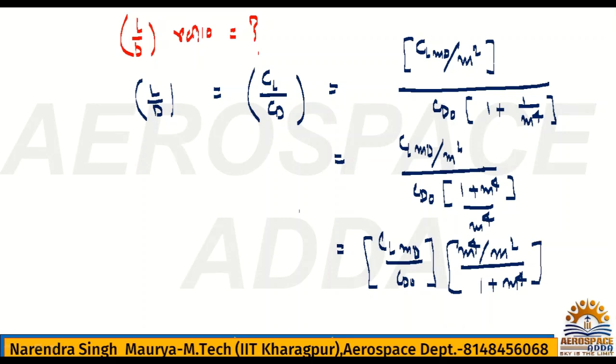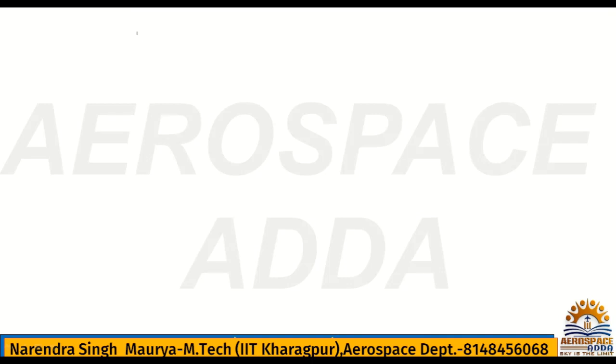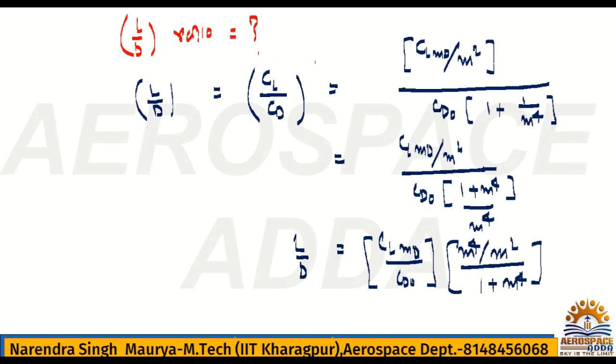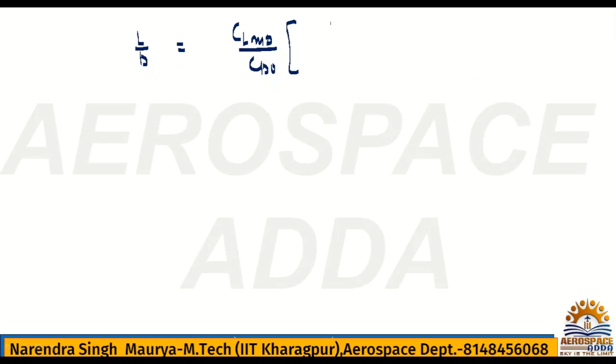Okay, this is the L by D. Now L by D is equal to what I have written, CL MD by CD naught. Here it is nothing but m power 4 by m power 2, so it is nothing but m power 2 divided by 1 plus m power 4.